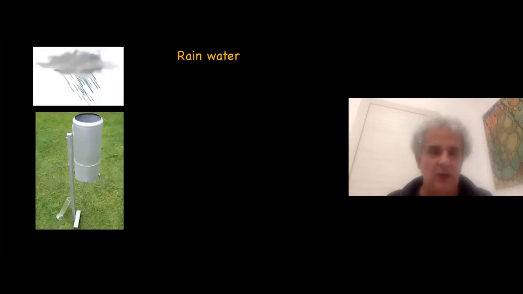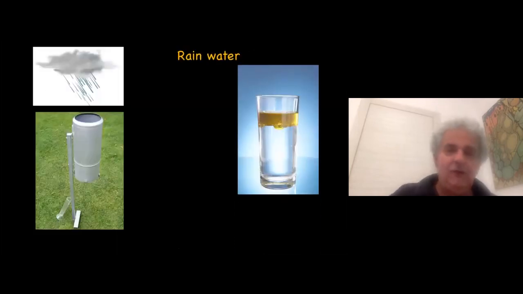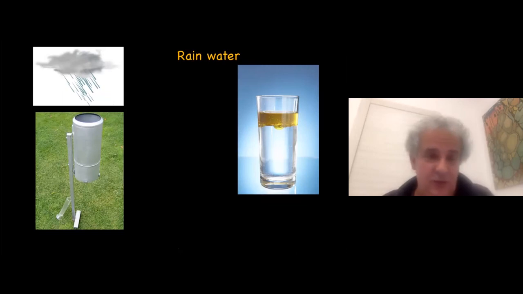Two words about rainwater. Rainwater, obviously, you collect after a week, after 2 weeks, after a month, according to the precipitation. And if you collect the water in a cylinder like this or in a bottle like this, obviously you may have evaporation.